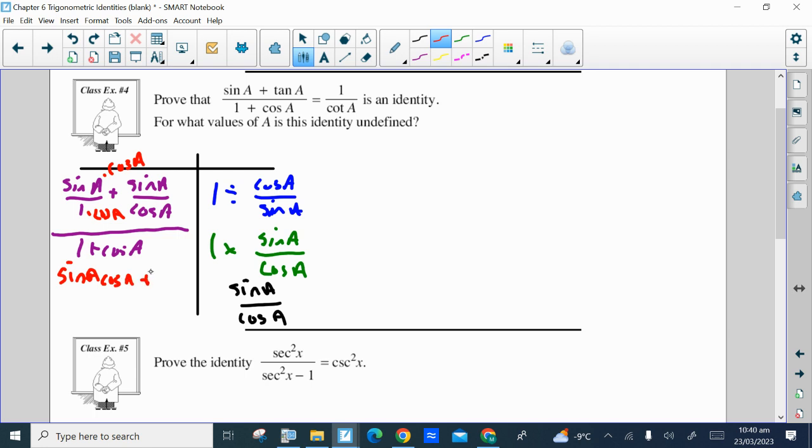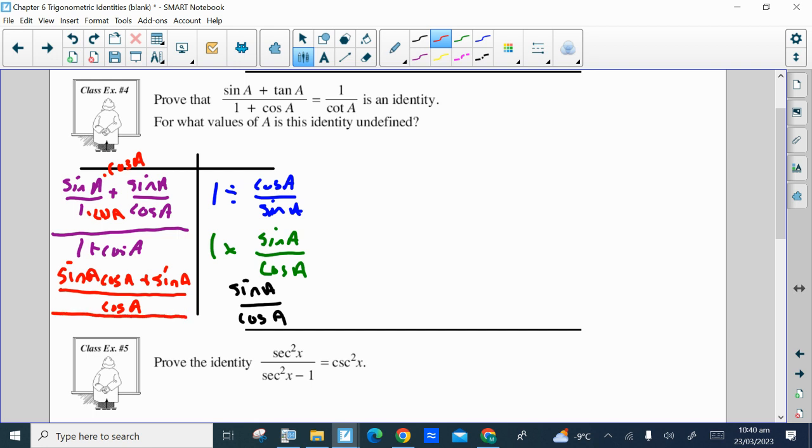The second term won't change because it already has a denominator of cosine A. But by multiplying the top and bottom of that first term by cosine of A, I now have a common denominator of cosine A. So I can write them together as one expression.